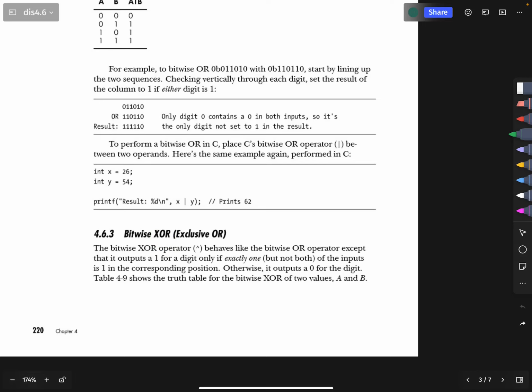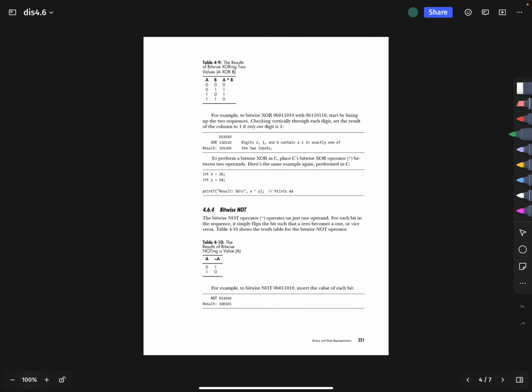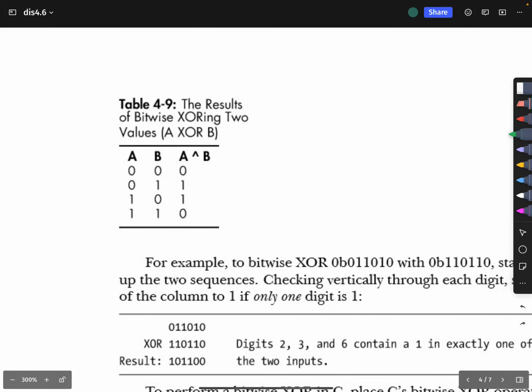So let's look at the table for bitwise XOR. It's called XOR because it's supposed to be exclusive OR. We'll write it with this caret symbol. If it's exclusive OR, then what we mean is that you have one but not the other, or the other way around. The order doesn't matter, but either A is 0 and B is 1, or A is 1 and B is 0.